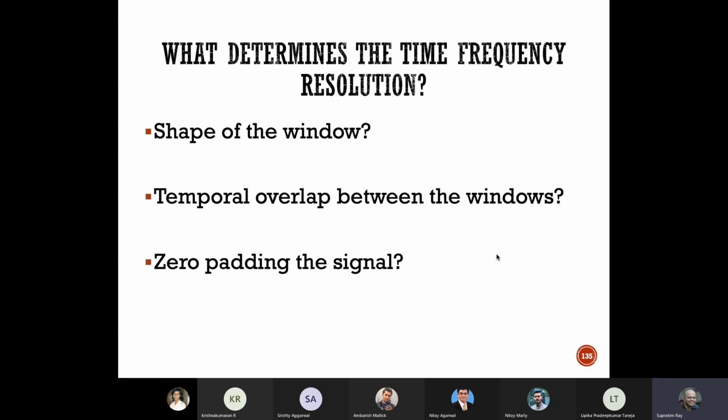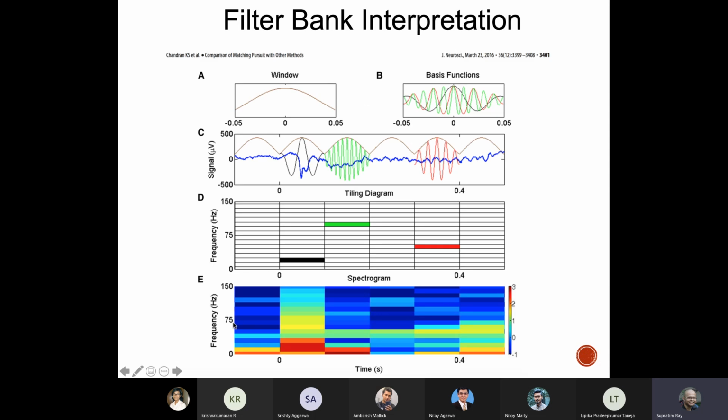You will get more estimates and a denser looking spectrogram with more values between any two points, but those are highly correlated with each other. So it's not that you are actually improving the resolution, you are just smoothing the spectrogram in some ways.